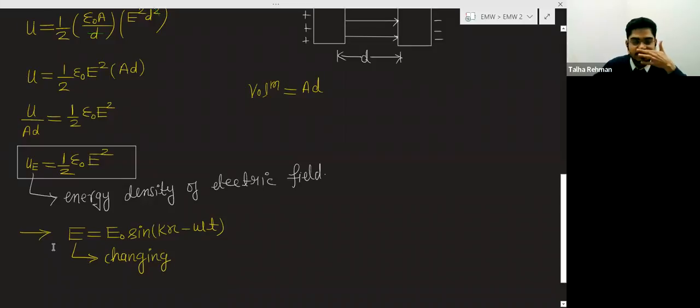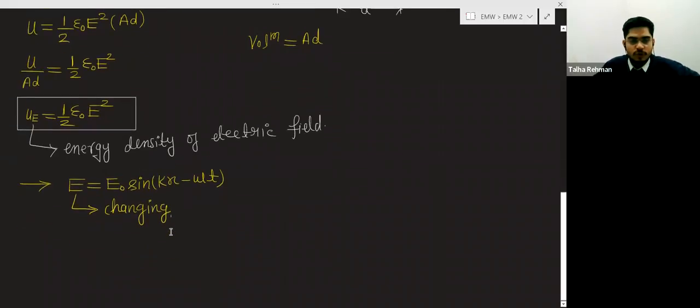Why is this electric field changing? Because the electric field is a function of time and the displacement in the x direction. So what we will do, we will put the value of this electric field here.